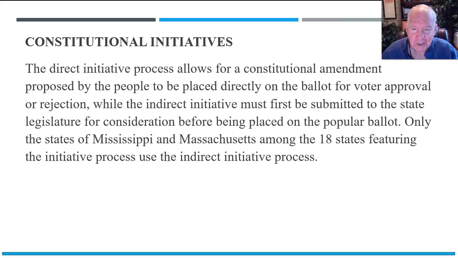A direct initiative process allows for a constitutional amendment proposed by the people to be placed directly on the ballot for voter approval or rejection, while the indirect initiative must first be submitted to the state legislature for consideration before being placed on the popular ballot. Only the states of Mississippi and Massachusetts, among the 18 states featuring the initiative process, use the indirect initiative process.